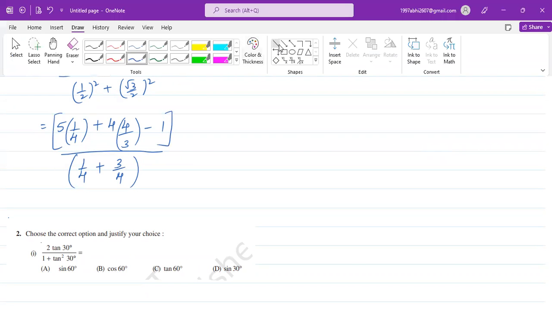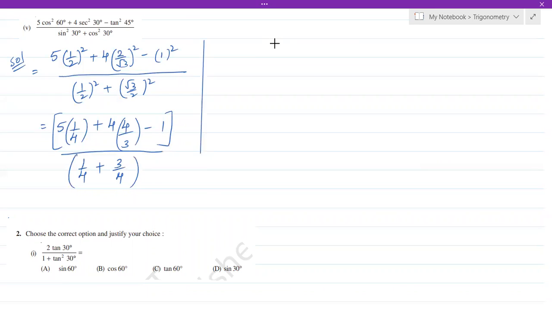So in the next step, 5 into 1 by 4 is 5 by 4, plus 4 fours are 16 by 3 minus 1 divided by... If you observe the denominator, in that denominator we have to take the LCM. So the denominator is like 4 and 4 are same, right?